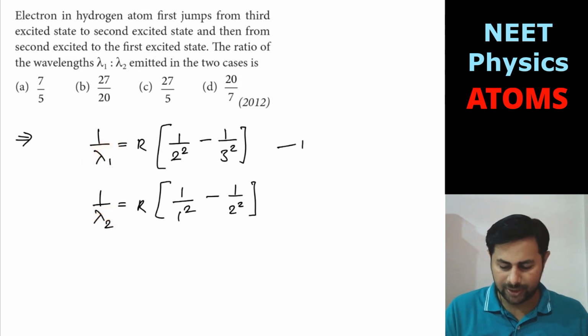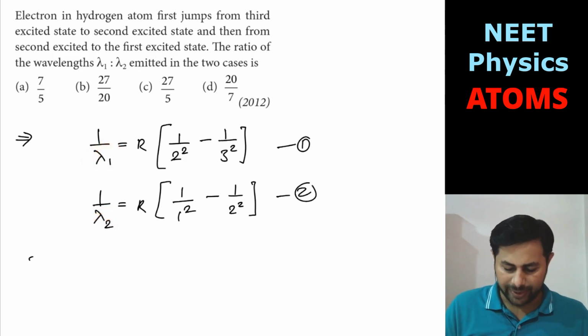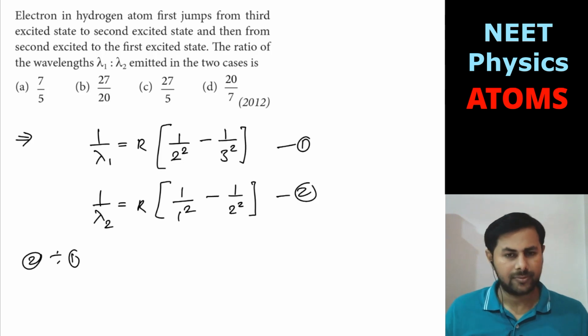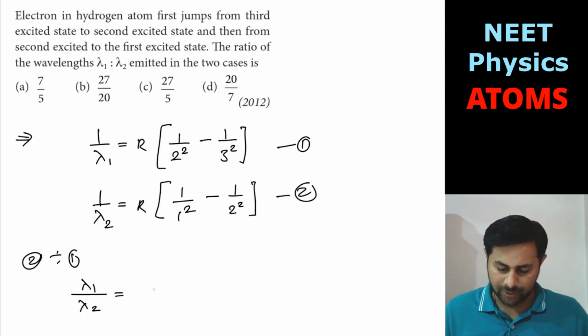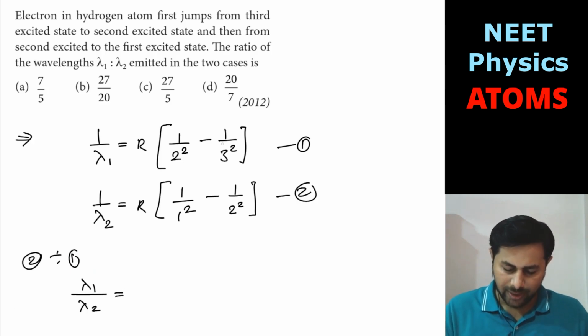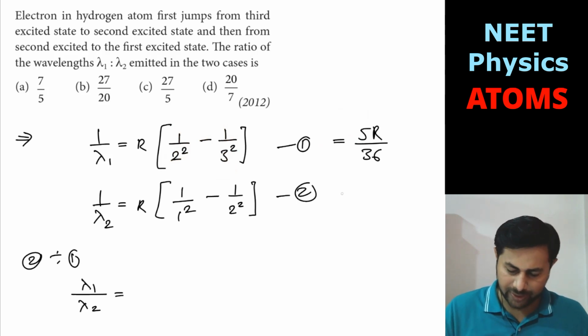Once again, this is first, this is second, divide second by first. Okay, what do we get? We'll get lambda 1 by lambda 2 equals to, and what is this thing? This is 1 by 4 minus 1 by 9, so it's 5R by 36. And what is the second one? 3R by 4.